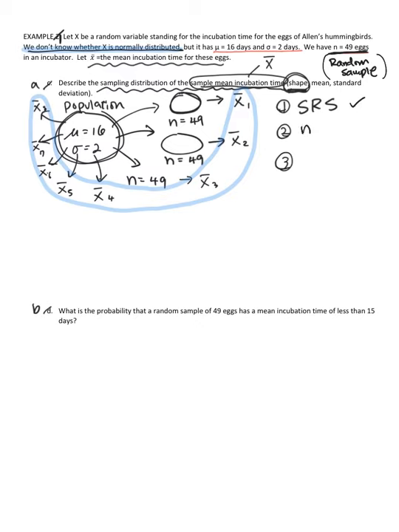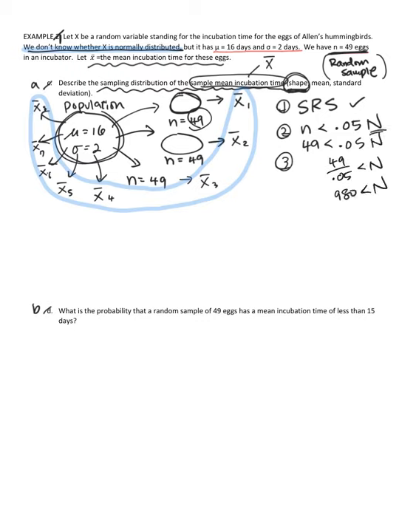Number 2, is n less than 0.05 times the population size? So n is 49. Is 49 less than 5% of the entire population? It's a little hard to tell because we don't know the population size. But if you divide 49 by 0.05 to isolate the population size, that's 980.